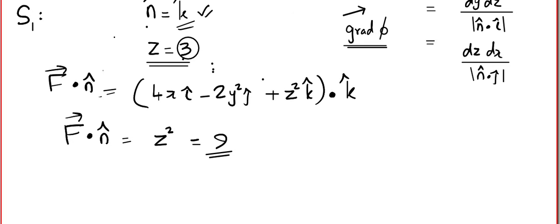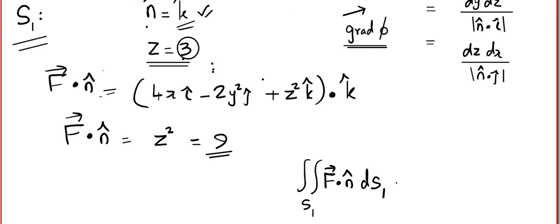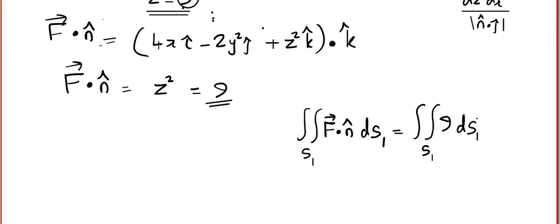So for surface 1, I am going to write like this, double integral over surface 1, f dot n cap ds, it will be equal to double integral S1 9 dS1. Now we have the real advantage.